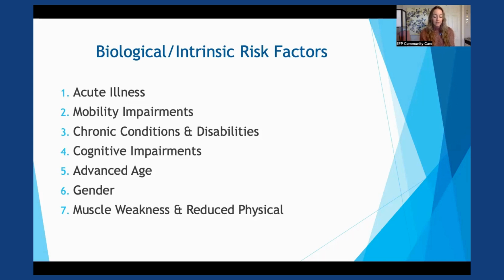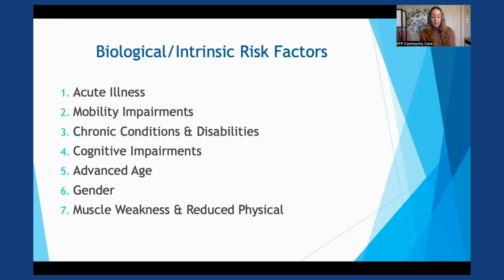Cognitive impairments. Cognitive impairments actually increase our risk of falling by 2 to 3 times. This affects one's ability to anticipate and adapt to environmental stimulus. So that's a pretty huge one too.